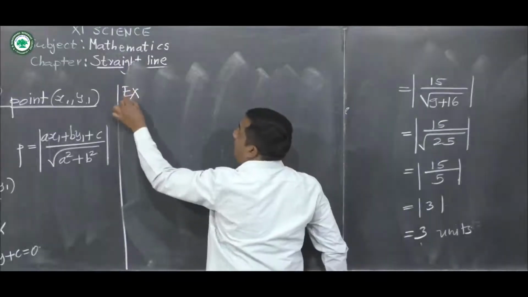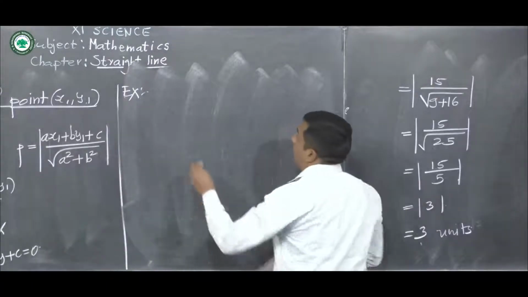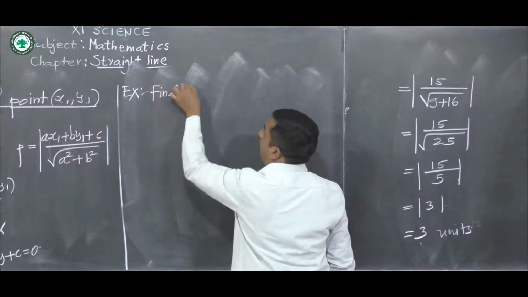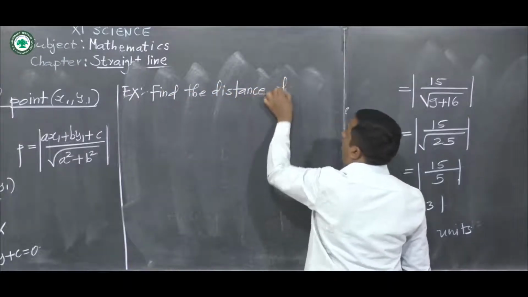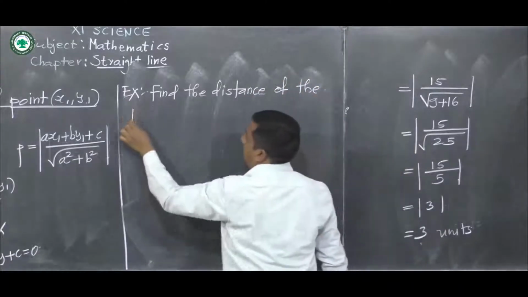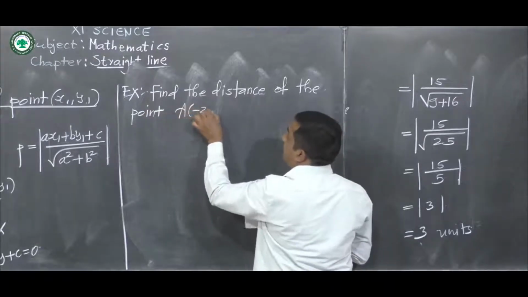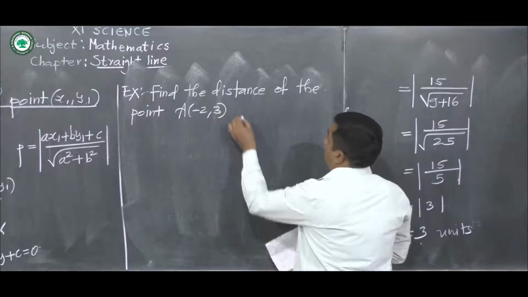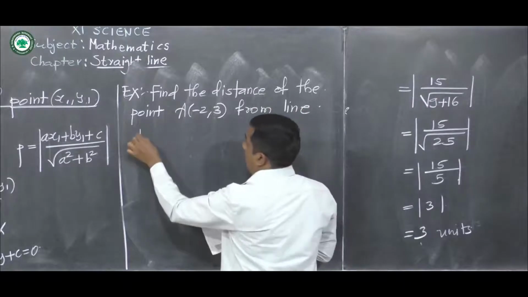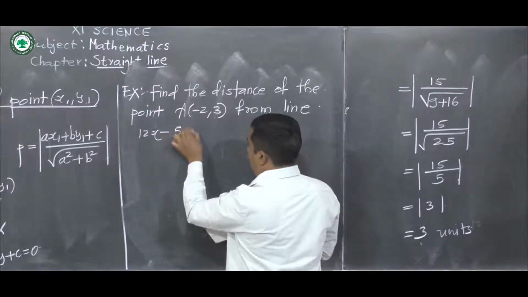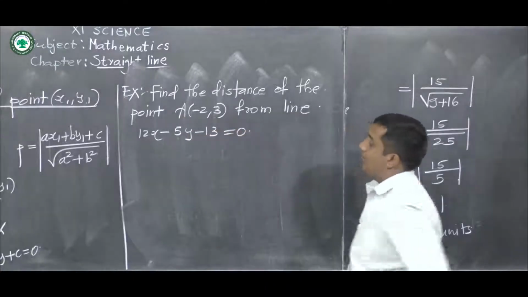So here in the example: find the distance of the point A of -2, 3 from the line 12x minus 5y minus 13 is equal to 0.